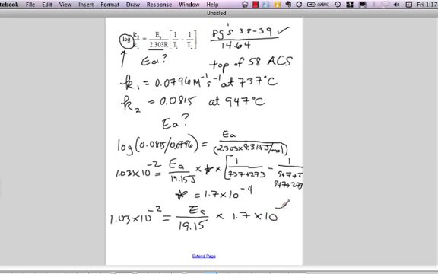Dividing both sides by this term here, I get 60.6 equals EA over 19.15. Solving for EA, I get 1.15 times 10 to the third joules, which is 115 kilojoules.